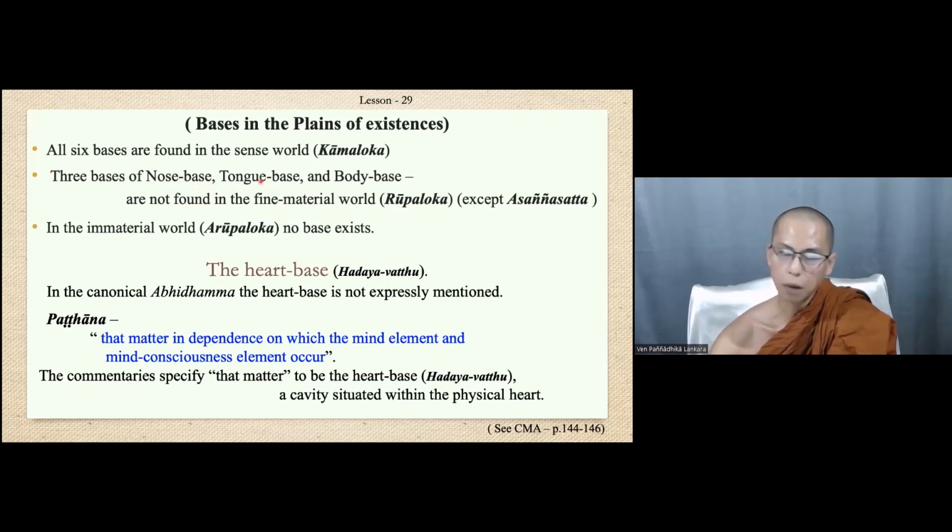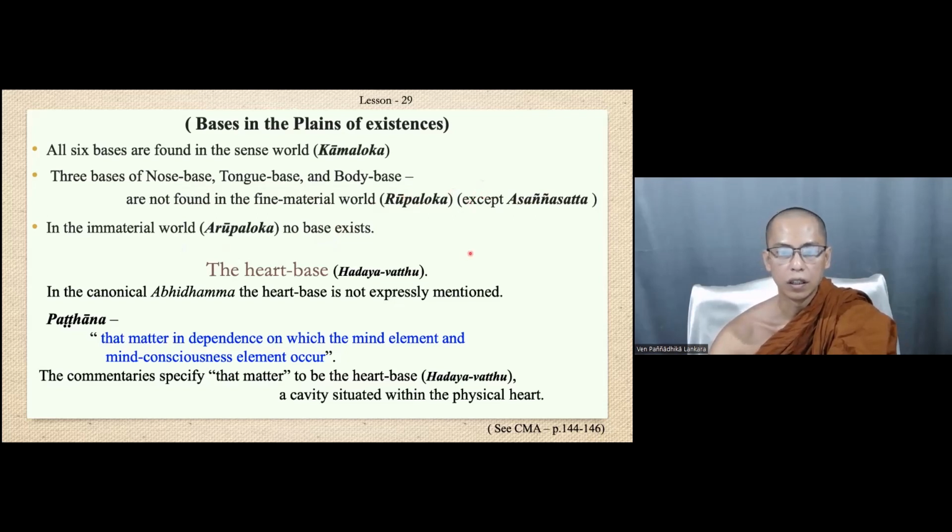So based upon this information, we can understand that nose, tongue, and body decades cannot be found in the Brahma world. And for the immaterial world, it is sure that there is no materiality, so no base is there. And for the Asanna Satta, even the eye, ear, and heart base are also not found.